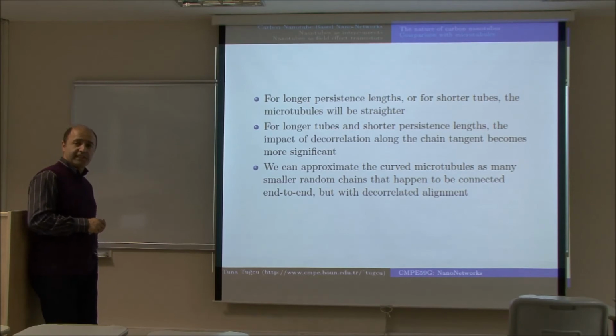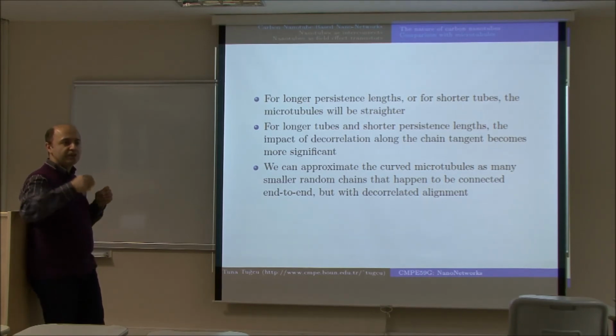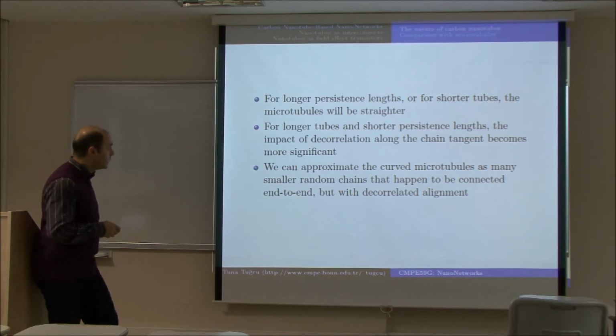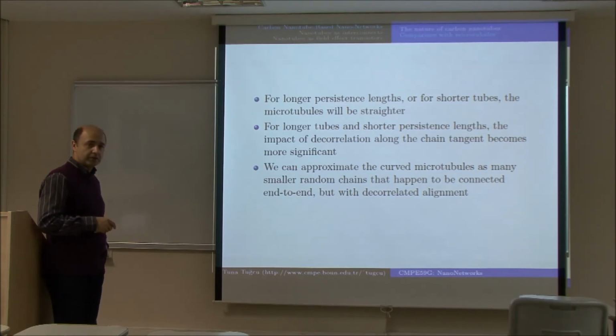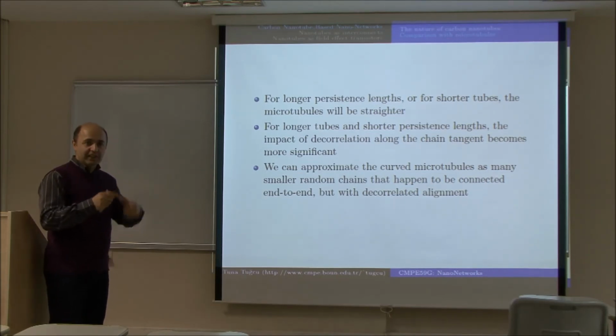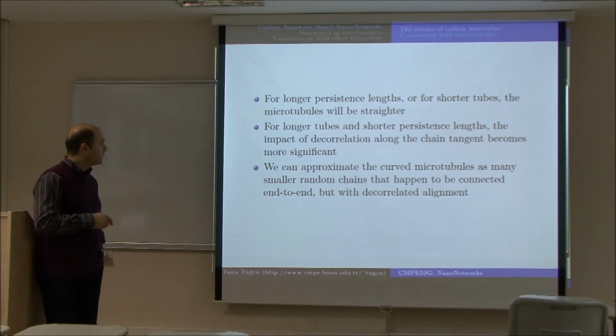For longer persistence lengths, which means more straight microtubules, or for shorter tubes, the microtubules will be straighter when you're comparing them. It will look relatively more straight.